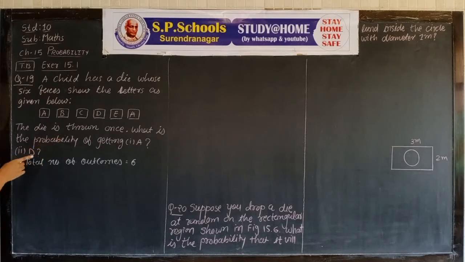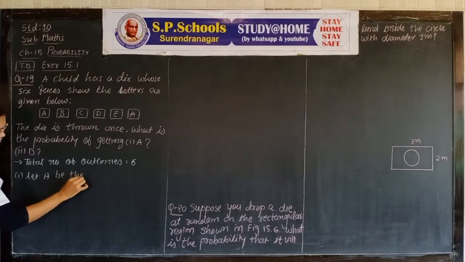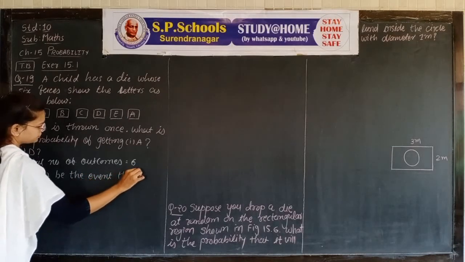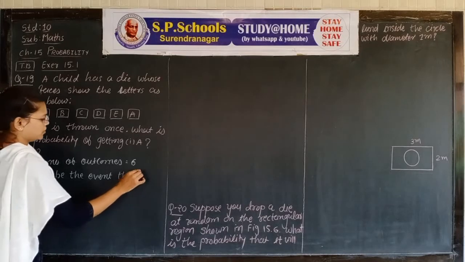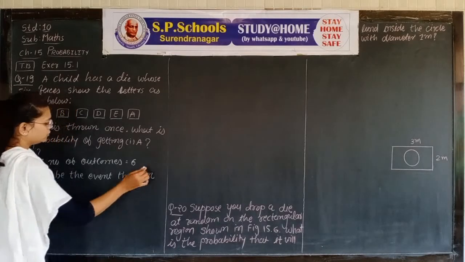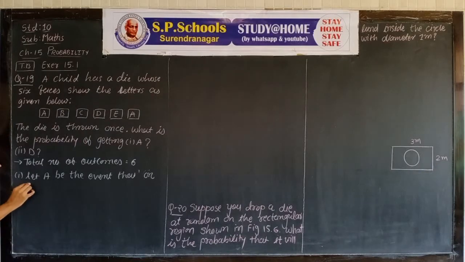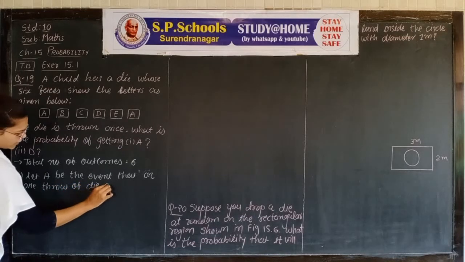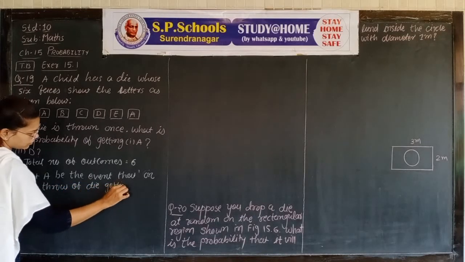We need to find first the probability of getting A. First, let A be the event that on one throw of dice, getting A.